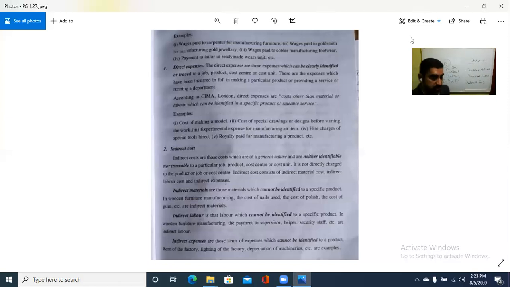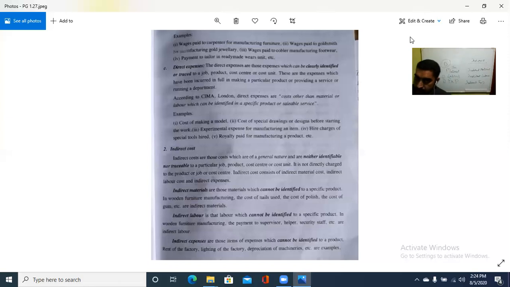Indirect expenses. So indirect cost means those costs which are not directly traceable or identifiable to a particular process or a product or a unit cost or a cost center. That is what is called indirect cost. Its sub-classifications are which ones? Indirect material, indirect labor, indirect expenses.